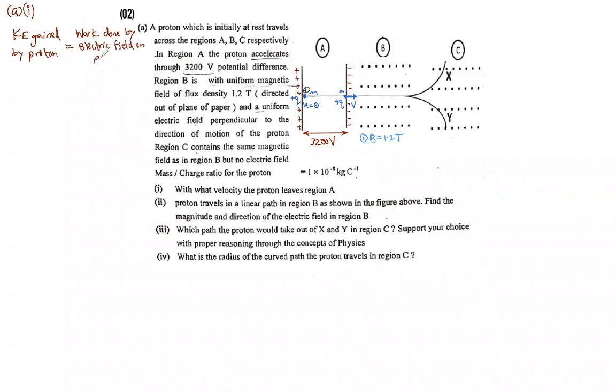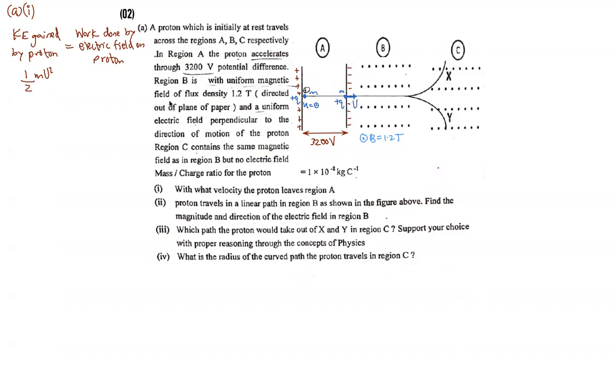The work done by electric field on proton will convert to its increase in kinetic energy. So kinetic energy gained by proton can be taken as half m u squared, where we use V for voltage.